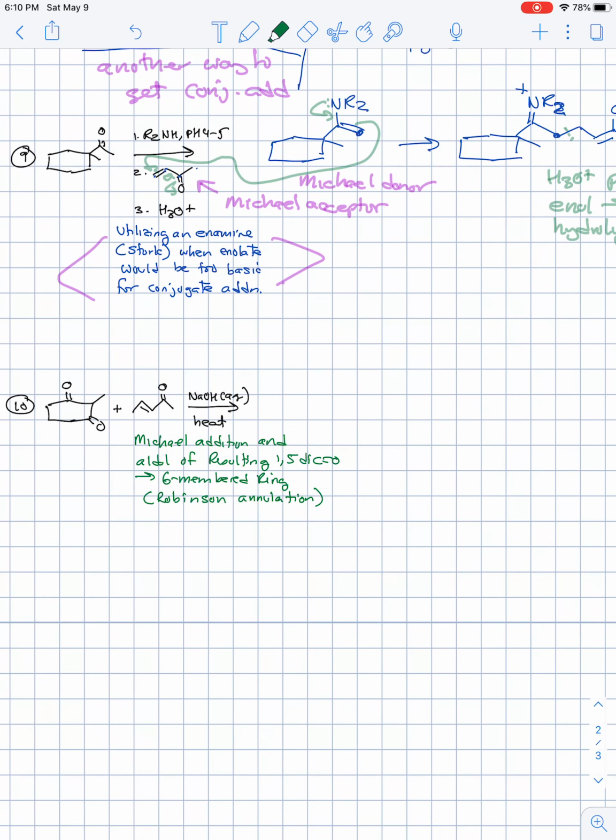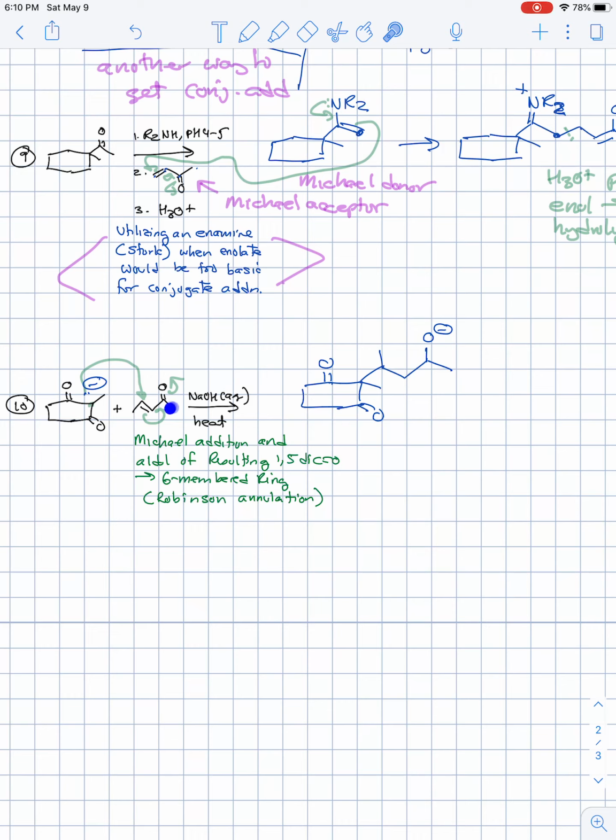So let's go ahead and draw the initial thing that happens. So we're going to make this enolate, and that enolate is going to attack that carbon. So there's your enolate. So let's count our carbons.